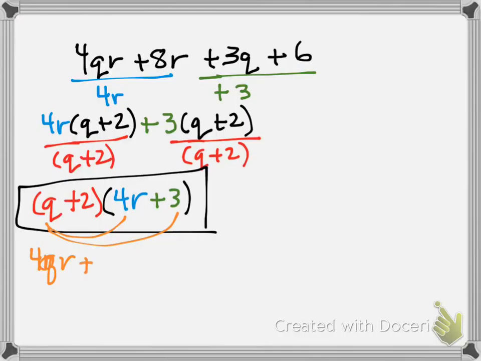Q times 3 is 3Q. 2 times 4R is 8R. 2 times 3 is 6. Does it matter if the order is different? No, because we have the commutative property of addition, which says the order that you add is not going to change the meaning behind the answer. So that just verifies, yeah, I did it right.